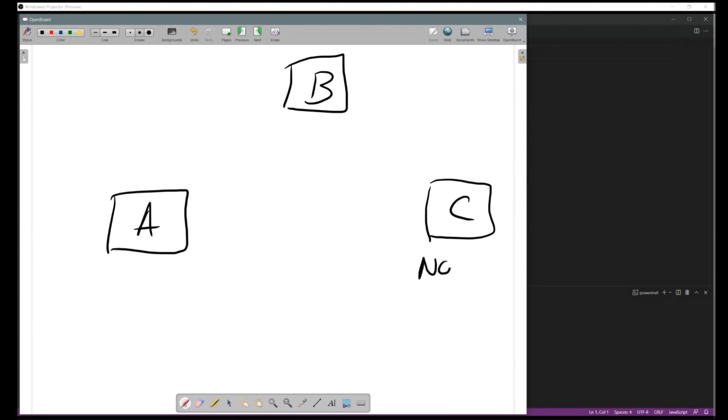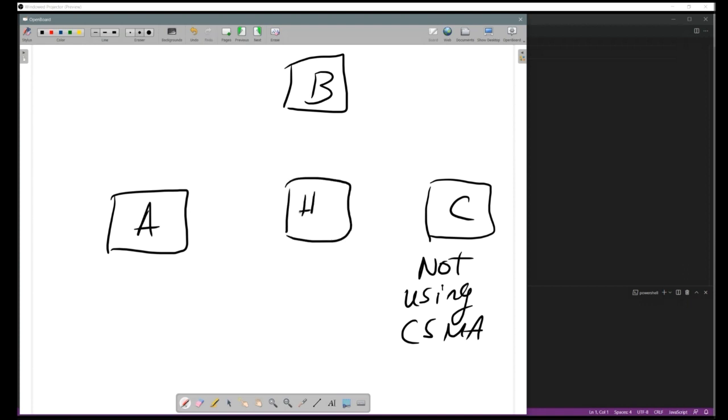Let's say that C is not using CSMA. Let's say that it's transmitting.